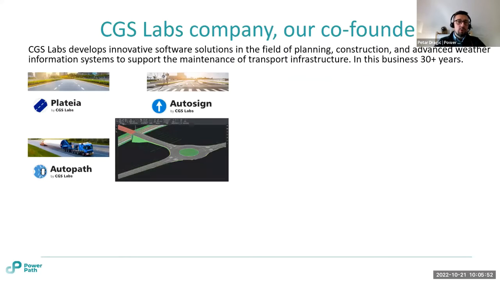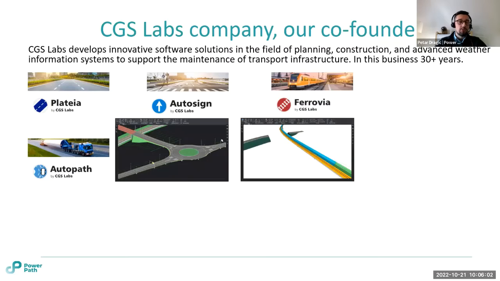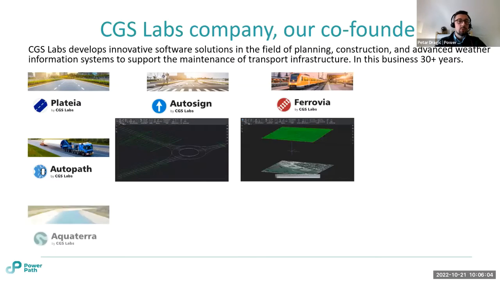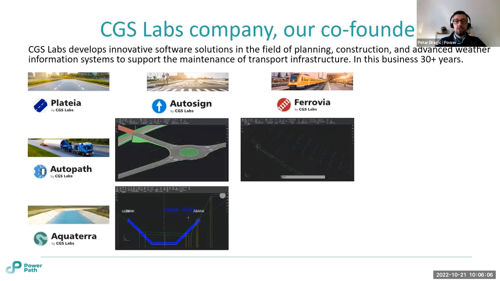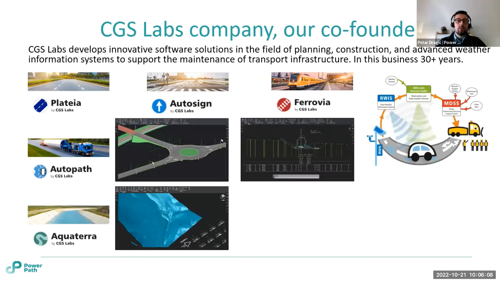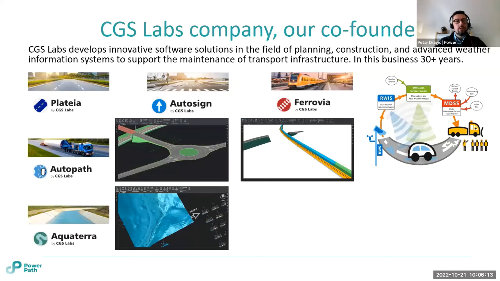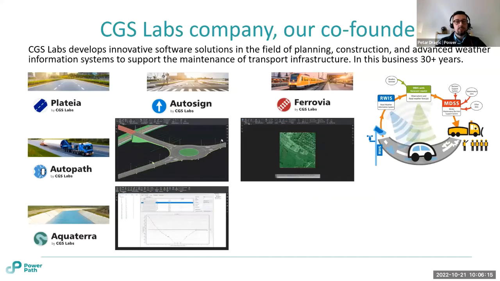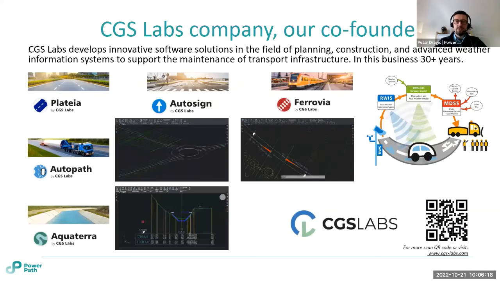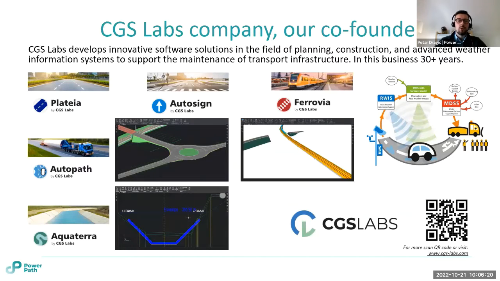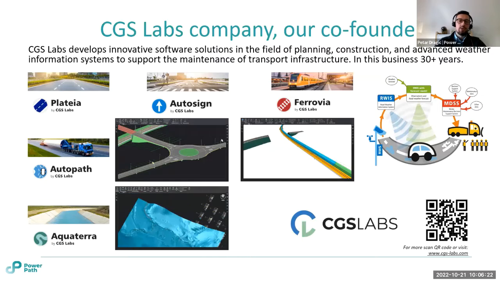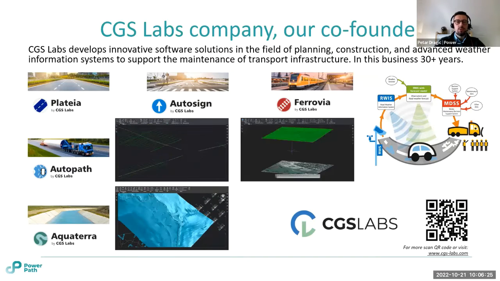A few words about CGS Labs: they create really cool software solutions for infrastructure design, for traffic design, for railway design, for river design, and they also have a department developing a road weather information system to support the maintenance of transport infrastructure. If you want to see more details about CGS Labs, our co-founder, you can visit the website cgslabs.com.